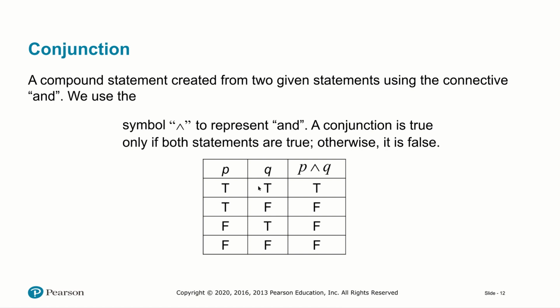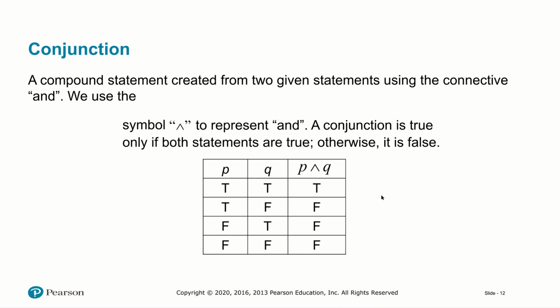They're either both true or both false, or one is true and the other is false. Now when it comes to an AND statement, the bar for being true is very high. An AND statement is only going to be true if both of the original statements are true. In every other case, it's false.